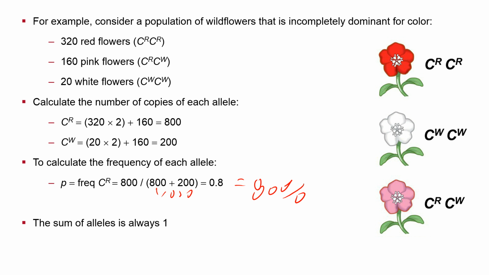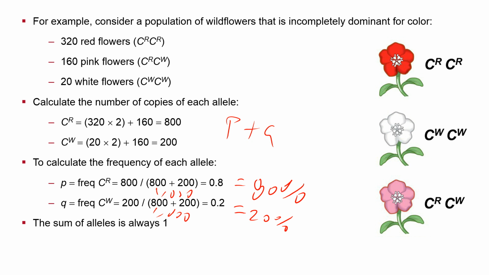Q, the frequency of the white allele, 200 divided by 1,000 gives you a frequency of 0.2, or 20%. Notice here that P plus Q equals 1. 0.8 plus 0.2 equals 1. So we're good there.